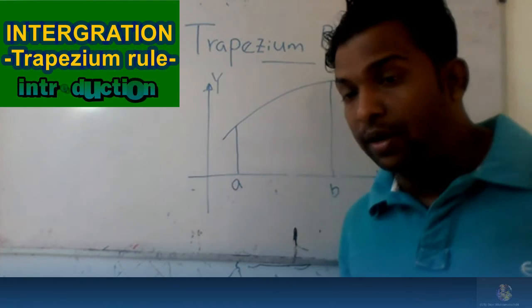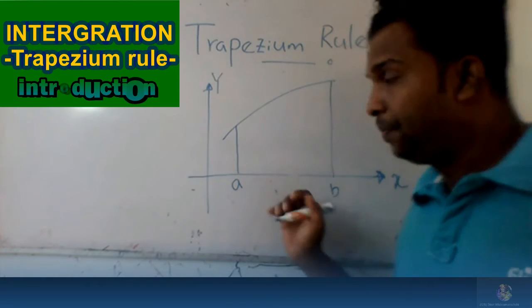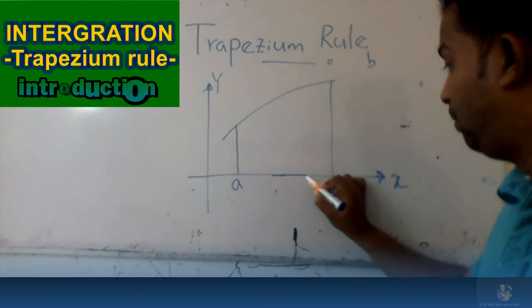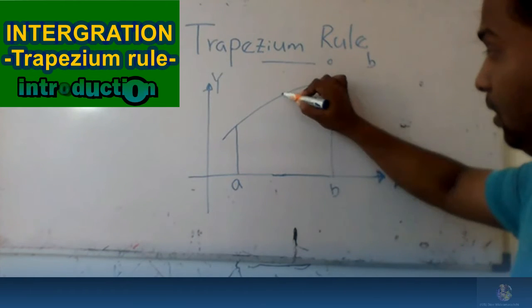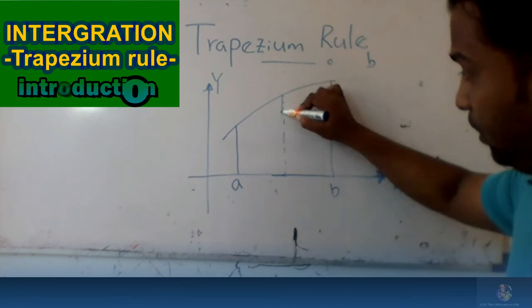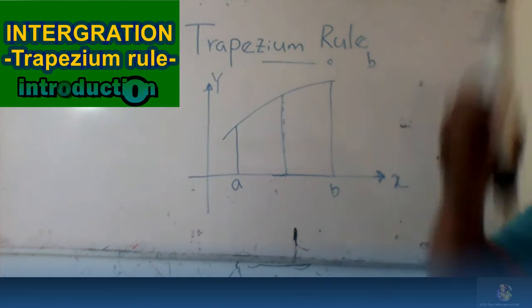Let's take this one by taking two strips only. We are taking here the midpoint of a and b, a plus b over two. We are dividing this one, right? I will use a different color for that.